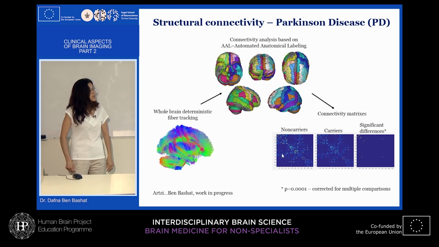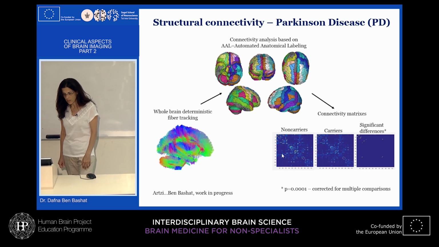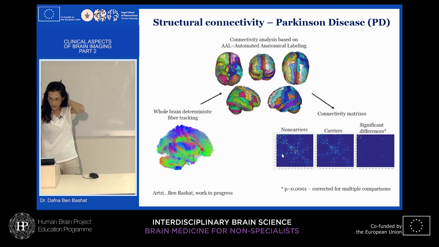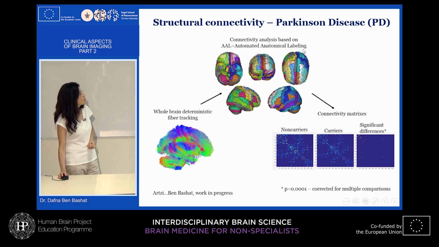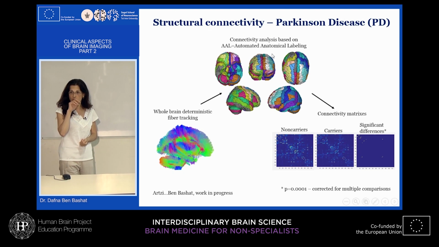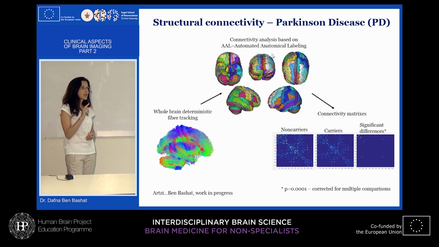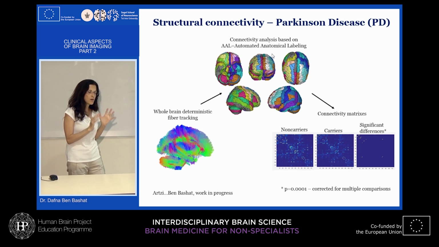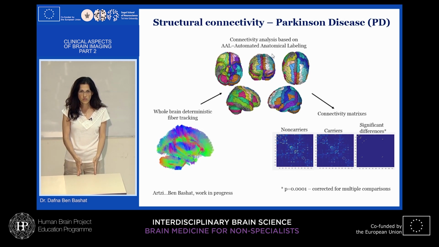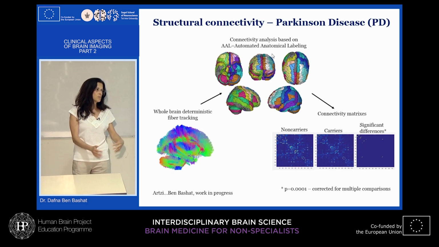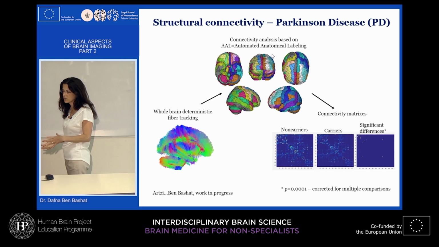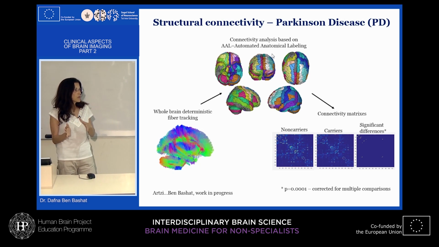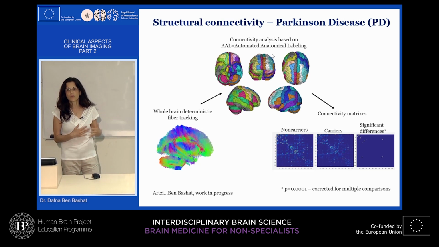And this is something that we do on Parkinson together with Nir Giladi, who gave you a lecture on Parkinson. I don't believe he has ever seen these results even. So we take those patients that he told you about, or subjects that are carriers of a mutation of LRRK2, which are at high risk to develop Parkinson disease. And Parkinson probably evolves during many years until it becomes clinically diagnosed, because diagnosis is clinical after about 80% of the neurons are already dead.